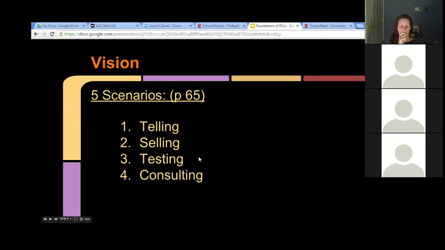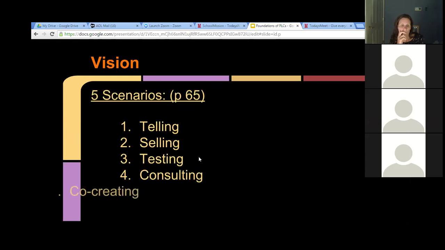There's the consultant scenario, in which they form a committee and are asked to develop a vision for the boss to review, but the boss can still accept it or reject it. And then the fifth scenario is co-creating, a collaborative process that really develops a shared vision, but it's absolutely not efficient. It's most likely to have the most impact, but it takes, as Dr. Abernathy was referencing, an exorbitant amount of time.